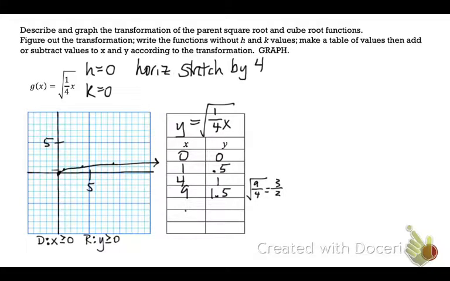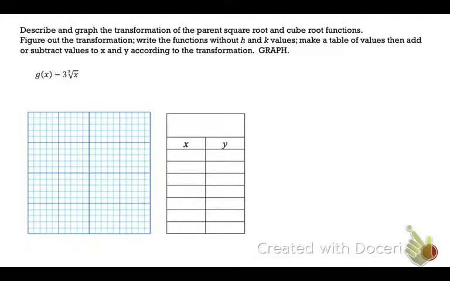All right, let's graph this last cube root function. So again, our h and k values on this one are 0. So I bet you're thinking about what kind of shift or what's going to happen with this negative 3 out front. And, well, I don't have my equal sign in there, so I'm missing that.